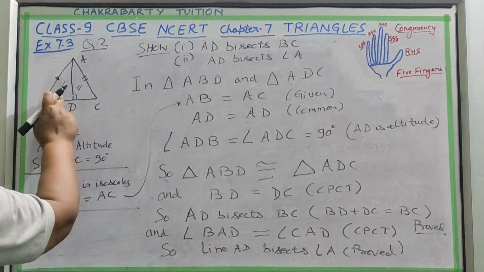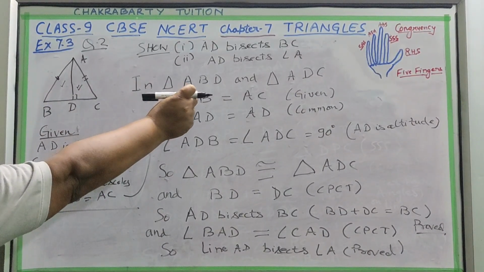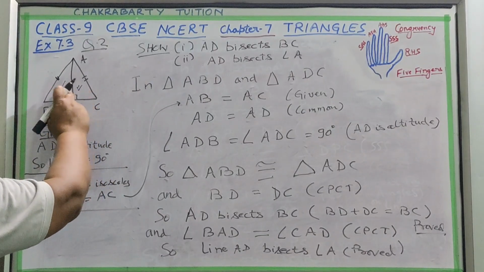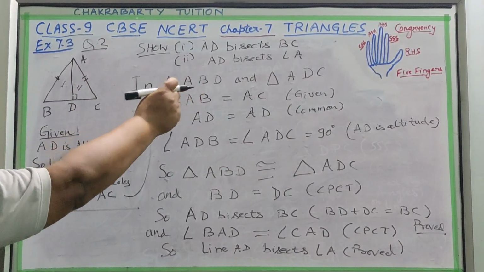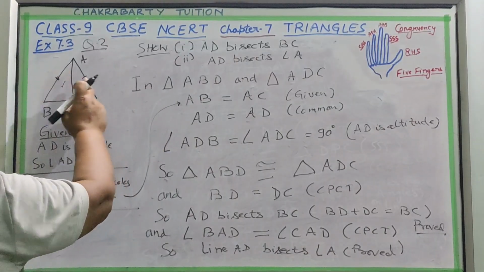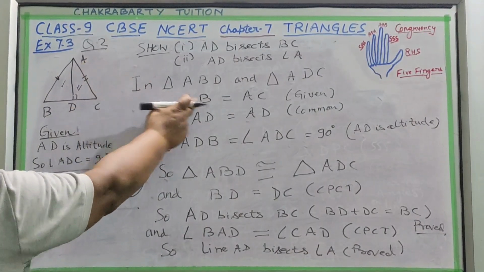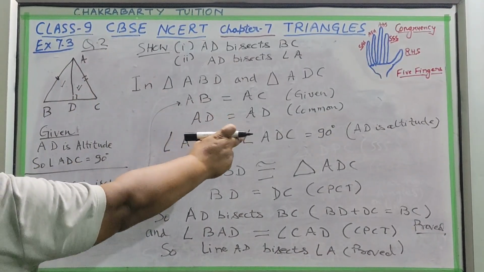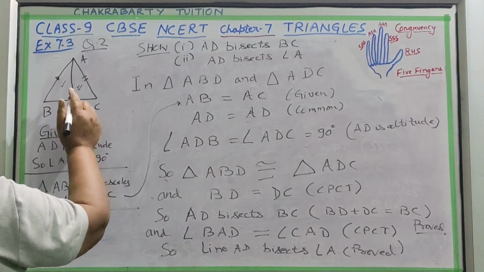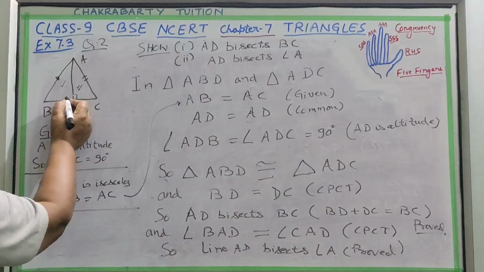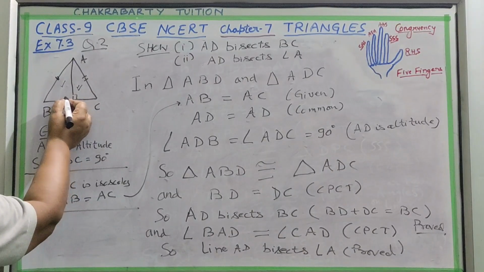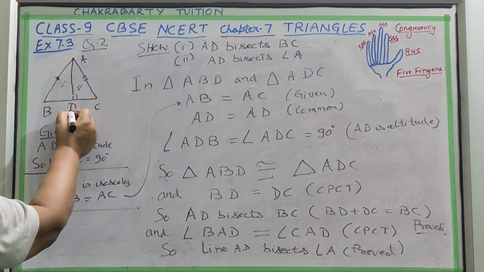Taking these two, we are trying to prove triangles ABD and ADC congruent. In this triangle, AB is equal to AC, it is given. AD is a common line and here it is a 90 degree angle. If one is 90, the other will also be 90 degrees because AD is altitude.